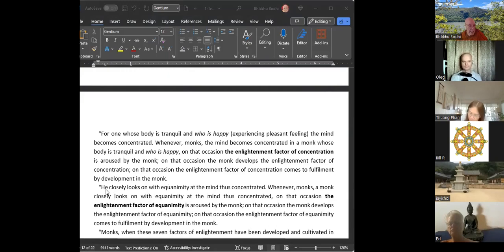Then the text says that the meditator now looks on with equanimity at the mind thus concentrated. Looking on with equanimity means that now the enlightenment factor of equanimity has arisen.